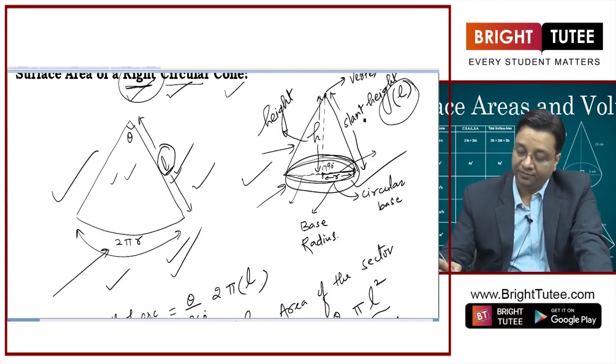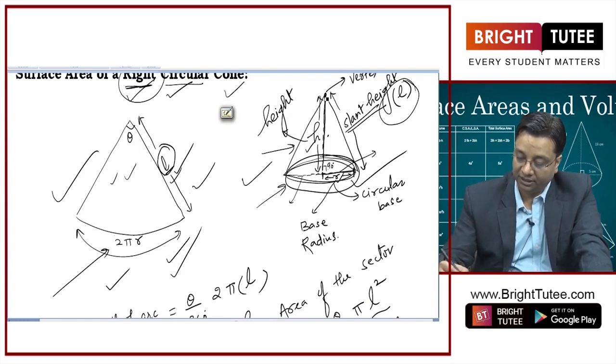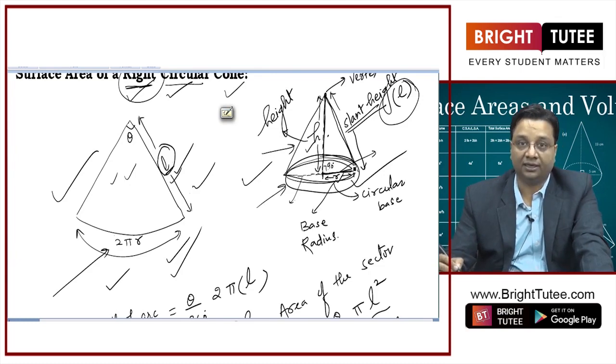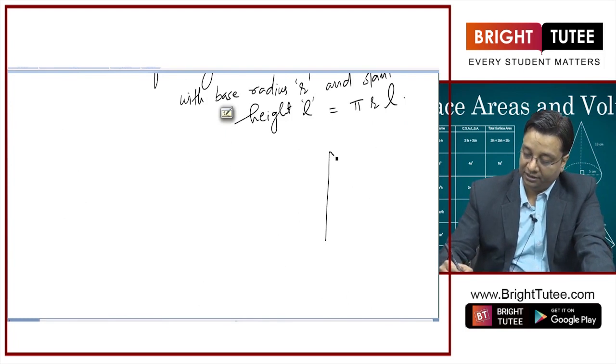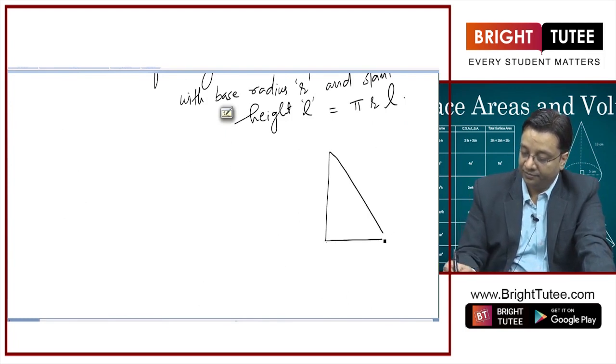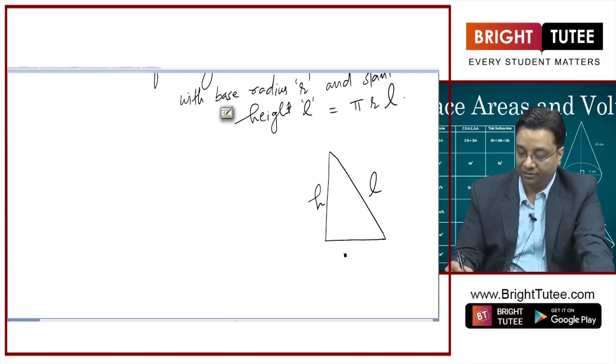Now, the second thing: if this is L, this is H and this is R, then this triangle is a right angle triangle. Let me make it separately. If I reconstruct that triangle here, it is L, this was the height and this was the base radius. This angle is 90 degrees.